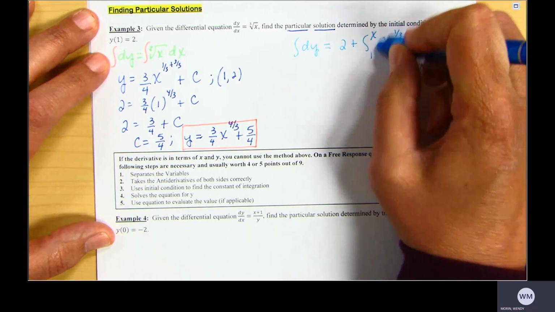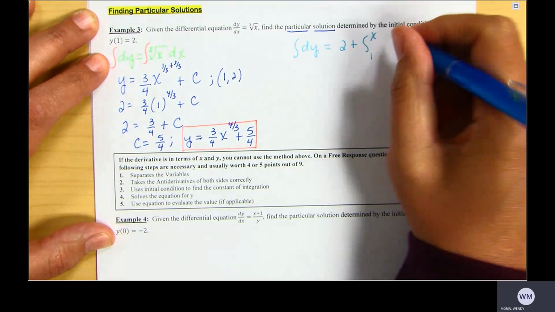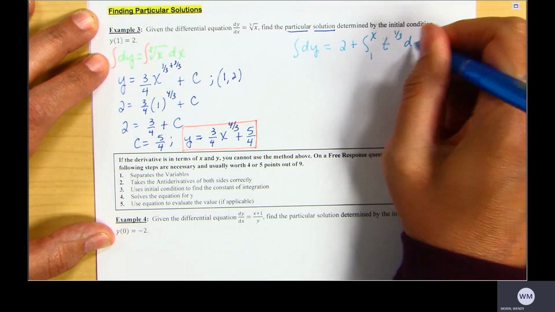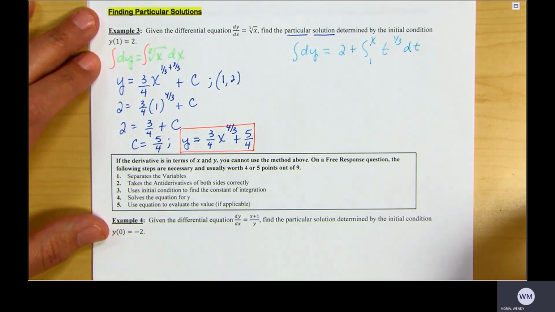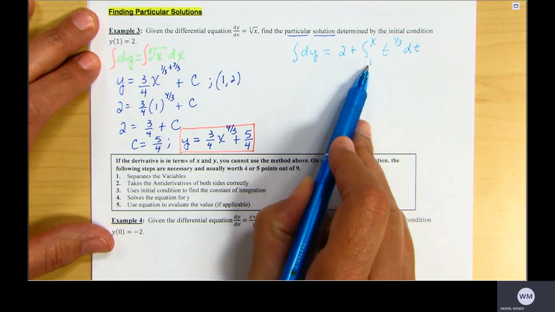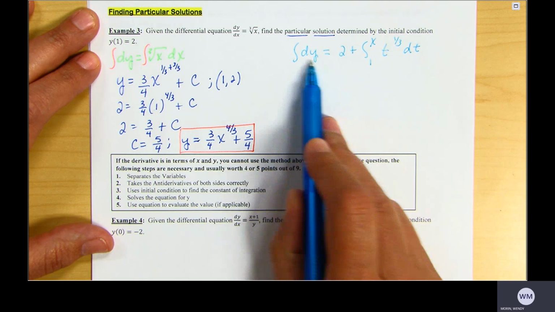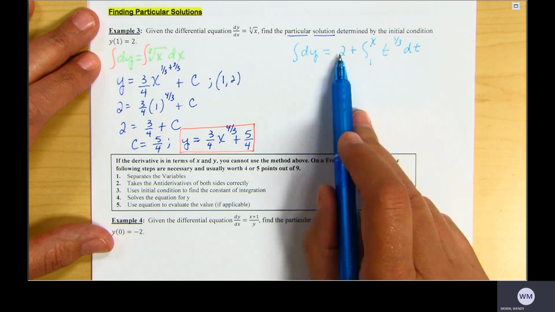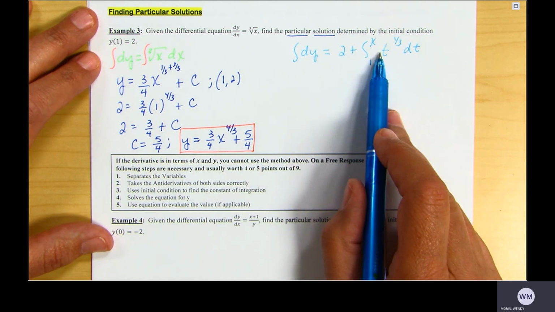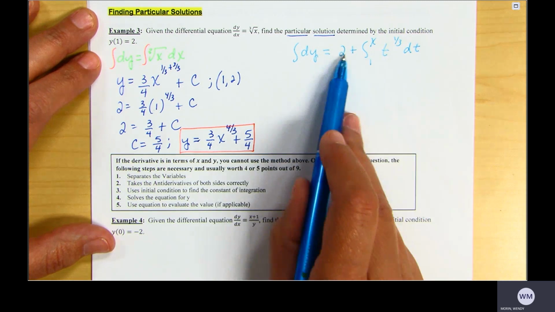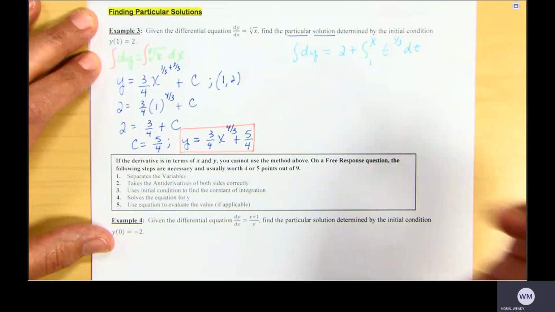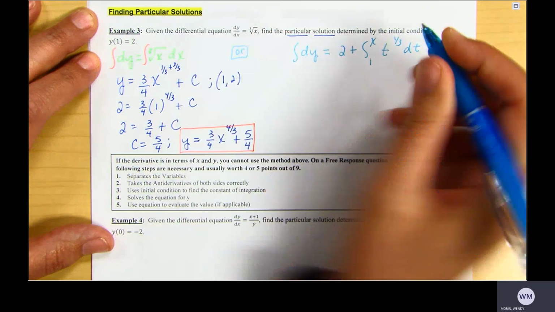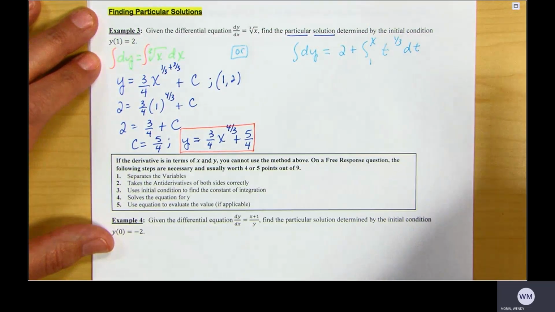We're going to use our dummy variable t, that's just our dummy variable, so they're not all x's. Remember when we did that? This is the initial condition. So this is another way to solve, and you can do this with the acceleration, the velocity, from velocity to position. This is the given right here. And this is the way I tend to do them, but again, it's personal preference.